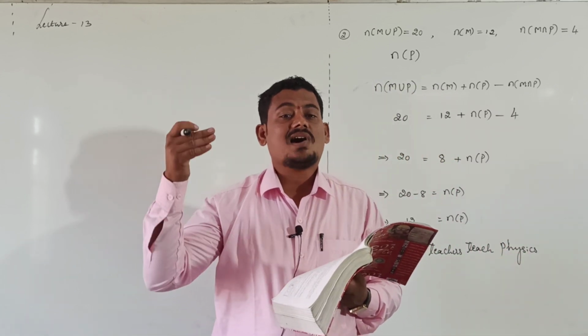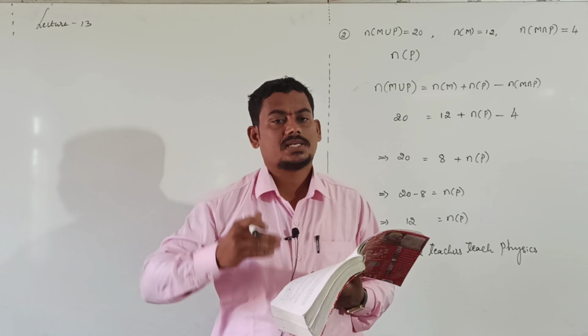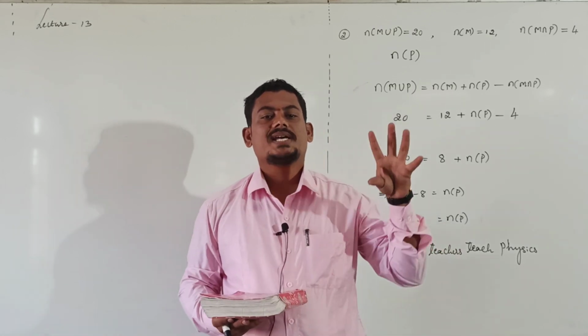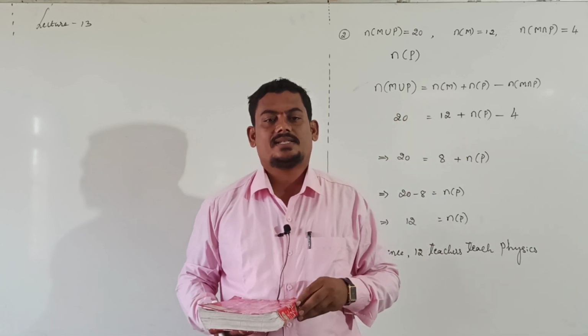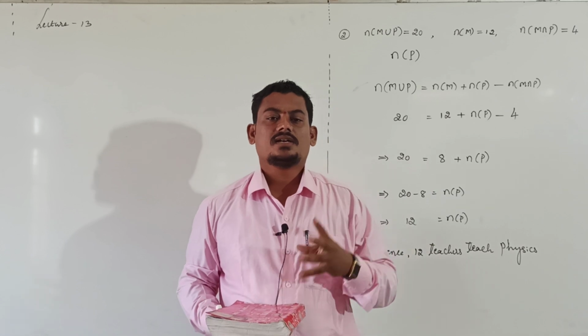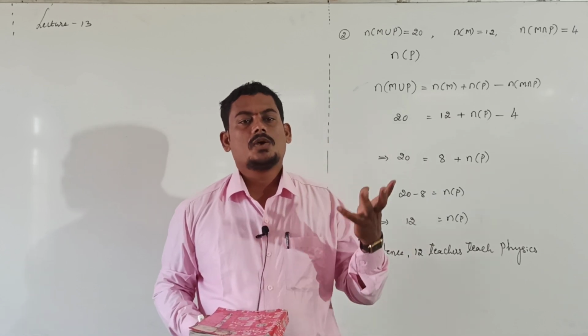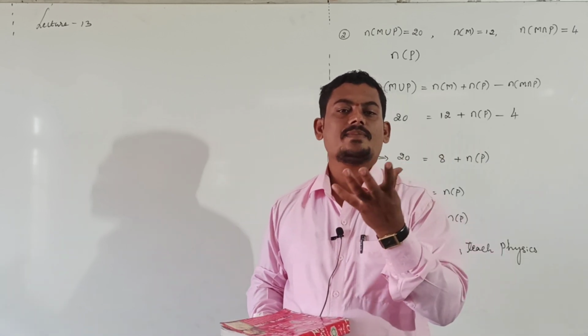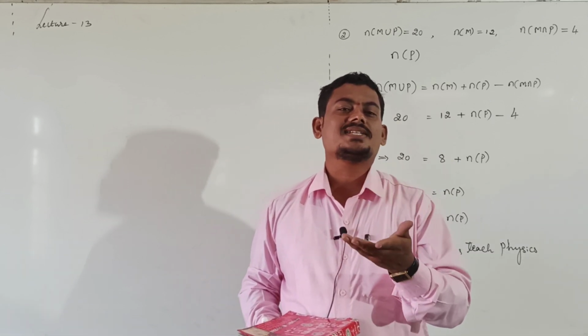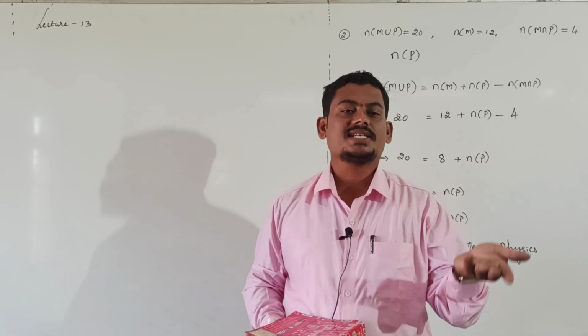In a class or in a survey, in a group, if these words are given, then you conclude it is the universal set. And sometimes the universal set is the same as the union, because the universal set is the bigger set and all the remaining sets are subsets.